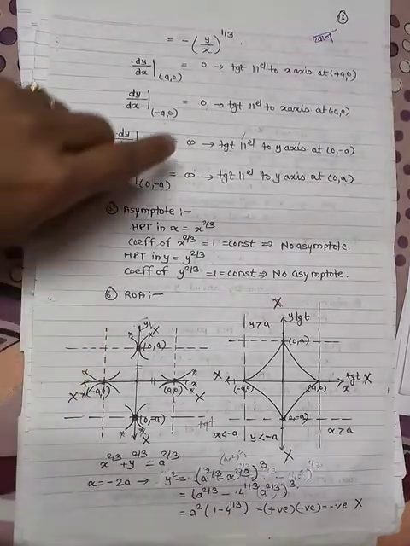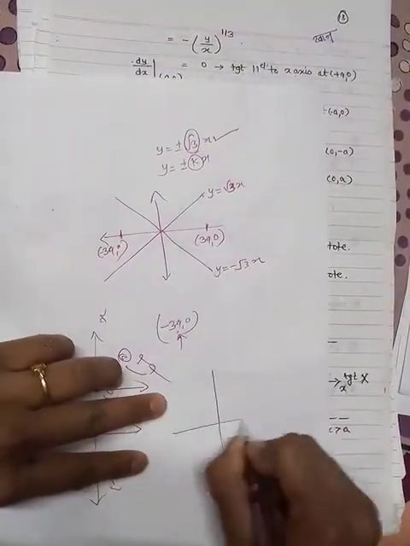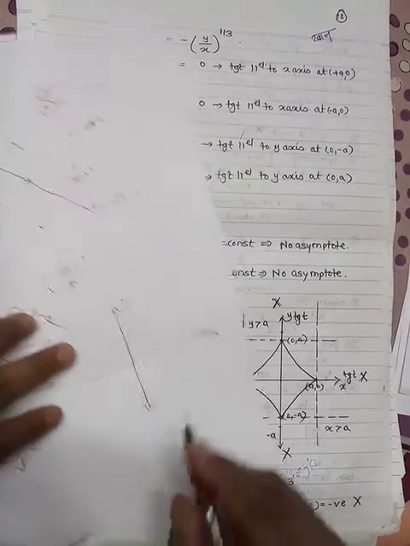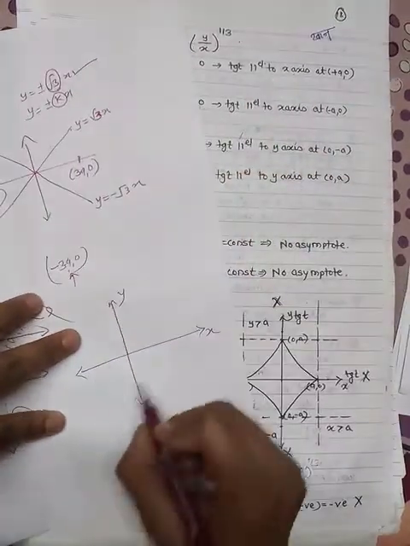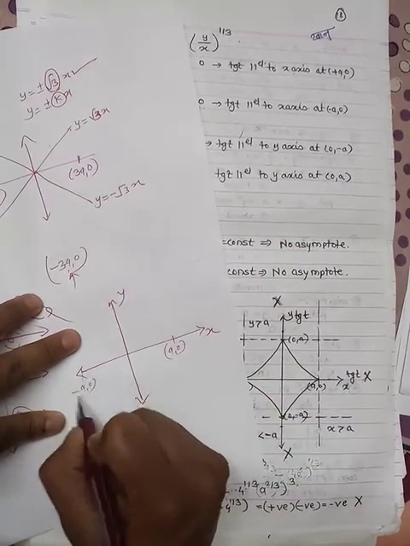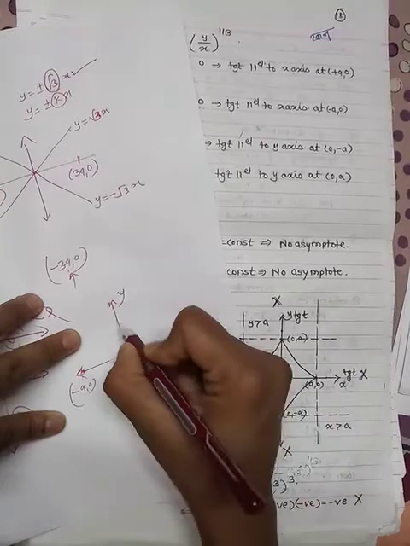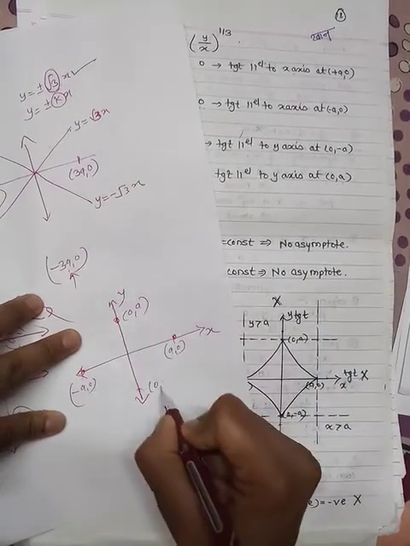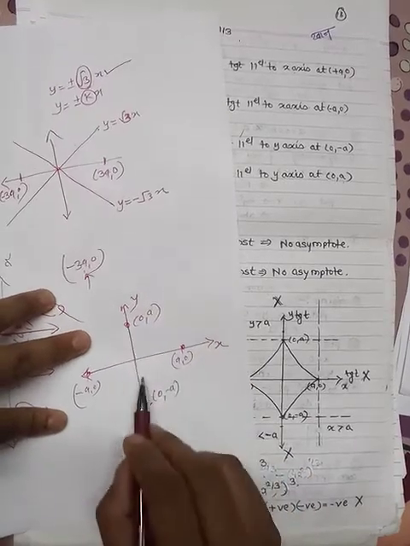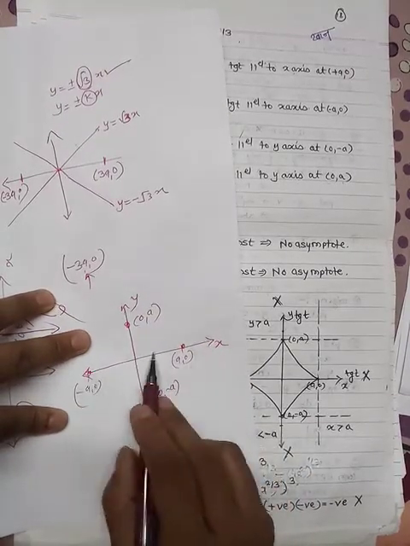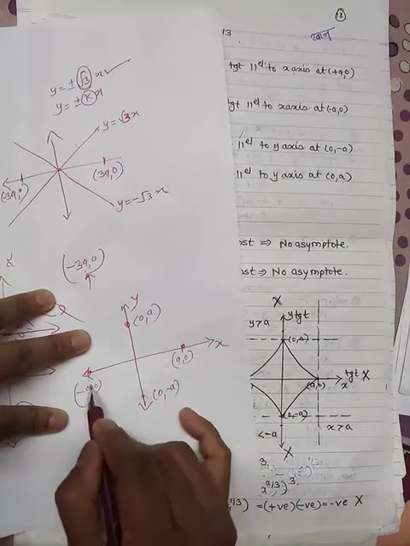So here we get the tangent parallel to the x-axis. This is your point (a, 0), this is your (minus a, 0) point, this is (0, a), this is (0, minus a). The tangent should be parallel to the x-axis and passing through (a, 0) and (minus a, 0).